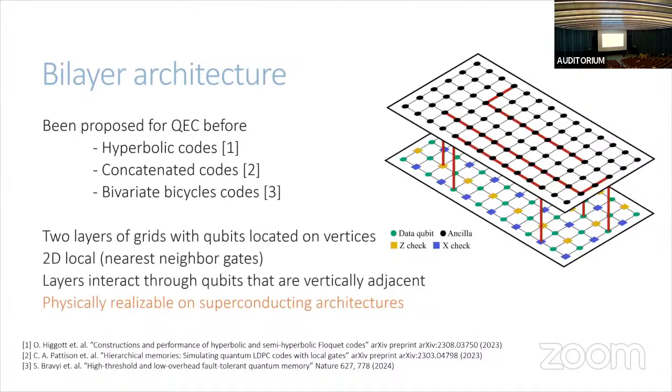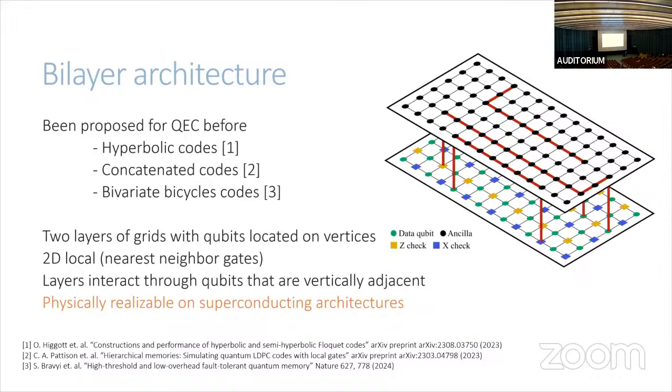To define what we're working with, we have two layers: the bottom layer contains our code of choice, our data qubits and our check qubits, and the top layer is just used for extra routing and syndrome extraction.